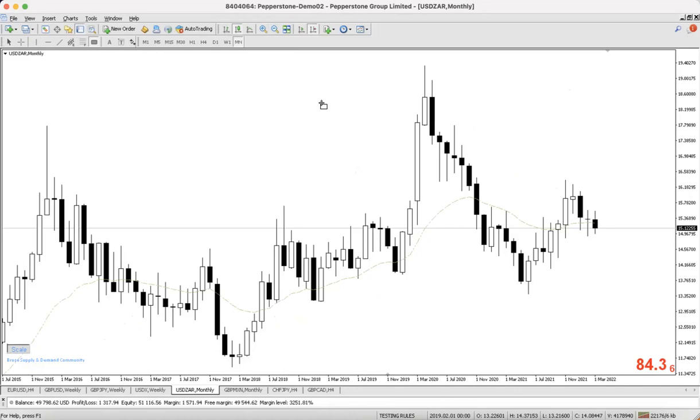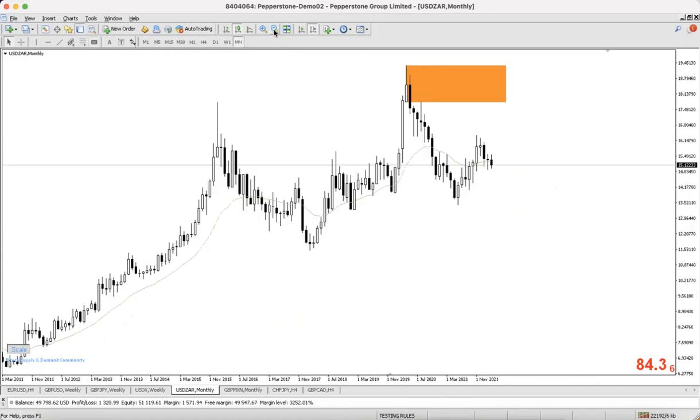Which areas control? There are two areas controlling the market. So either we go up here, and it was nicely tested, and another area here. Do we have rally? Okay, nice.